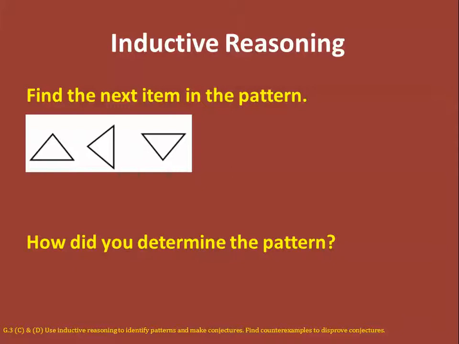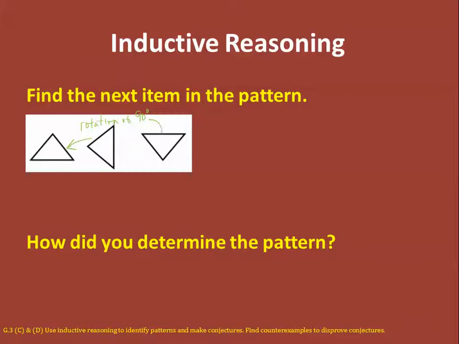One more example. Find the next item in the pattern. Wow. Well, this one, we have to start thinking about what we learned in Unit 1 about transformations, and it looks like this one could be a rotation. So if we look, it looks like this is a rotation of 90 degrees from that triangle.